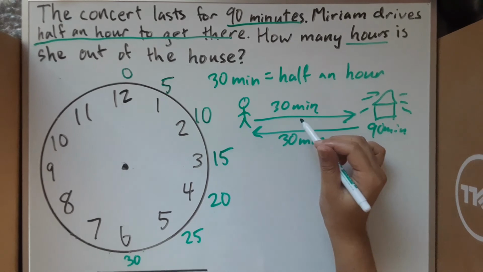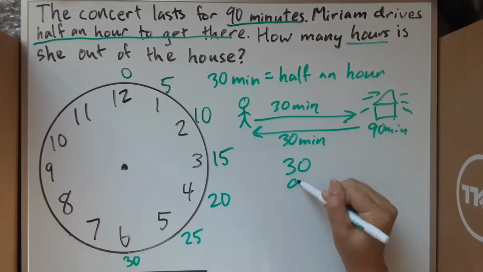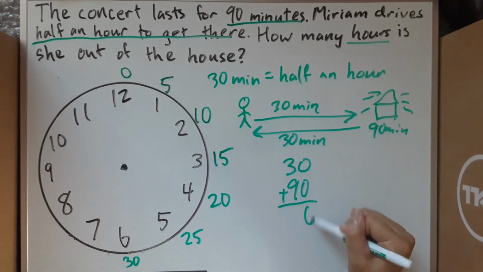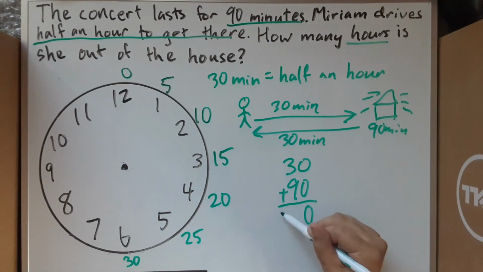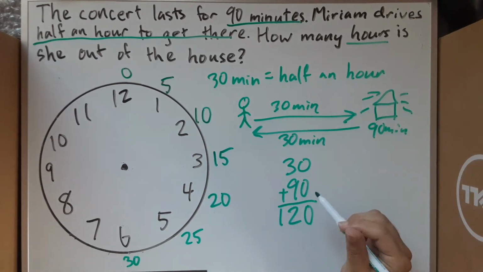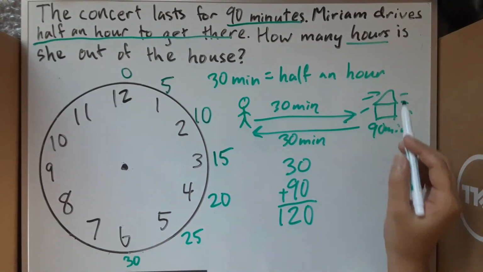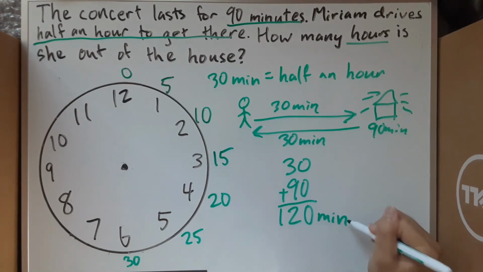Let's do 30 plus 90. 0 plus 0 is 0. 3 plus 9 is 12. So, from driving to the concert and going to the concert, that takes 120 minutes.